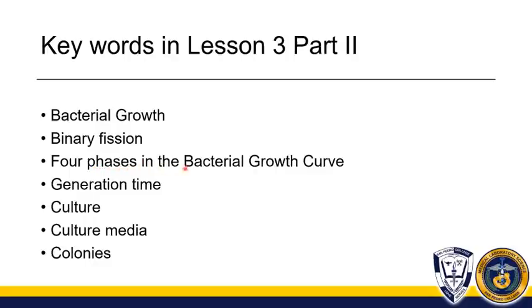So remember the four phases: the lag, the log, the stationary, and the decline phases. And then I hope you understand that they divide logarithmically, and the time it takes for them to double their number is called the generation time.